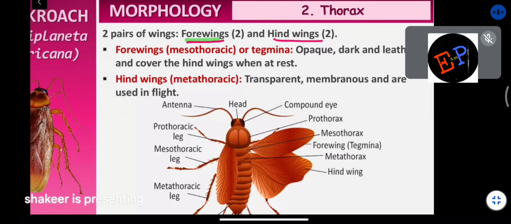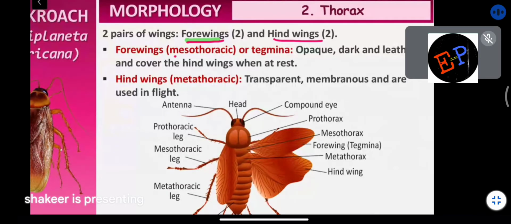The forewings are present on the front side, and behind the forewings, attached to the next segment, you will find the hind wings. Clear? So 2 pairs of wings are present, and 4 wings are present.